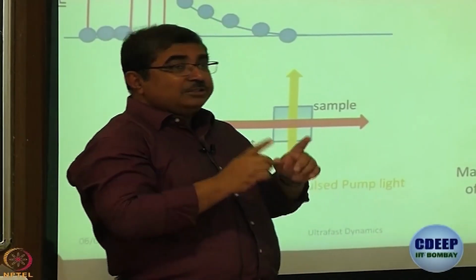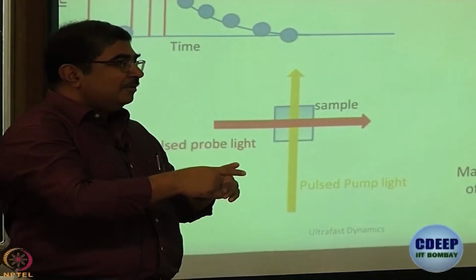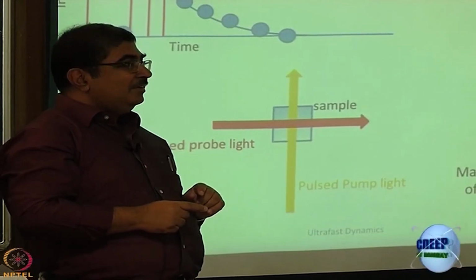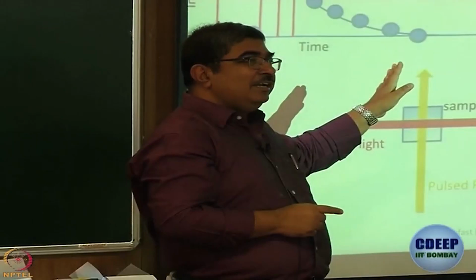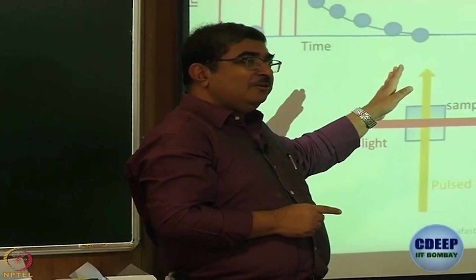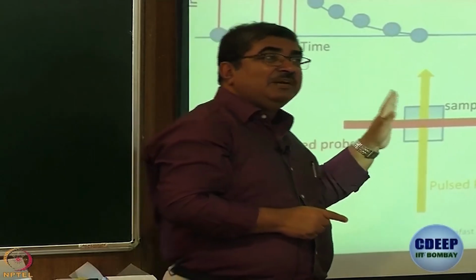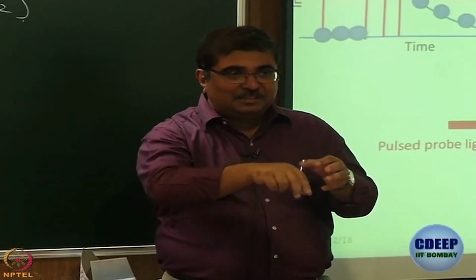Okay. Suppose you use the same pulse, pump and probe, say same intensity, then there will be a problem. Yes, in fact the entire thing will get messed up and you will not be able to interpret your data. So you have to ensure there is no double pumping. How do I know what is the population there? I cannot go in the molecule and count.